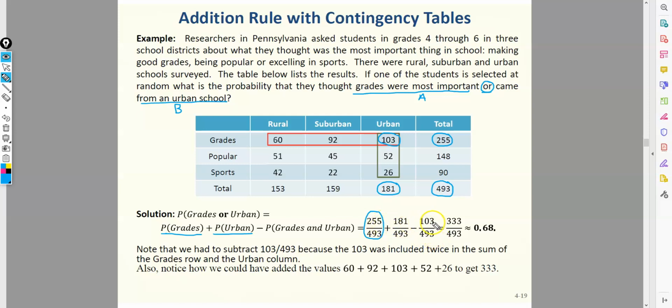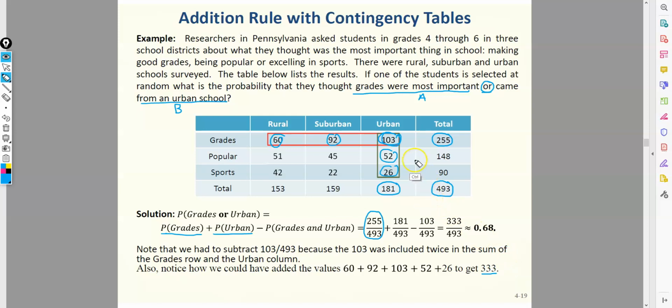Adding these results up, we get 333 over 493, or 0.68, or a 68% chance of selecting a student and having them either come from an urban school or feeling that grades are most important. Now notice we could have also obtained this probability just by adding up the numbers 60 plus 92 plus 103 plus 52 plus 26, and you would still get 333.